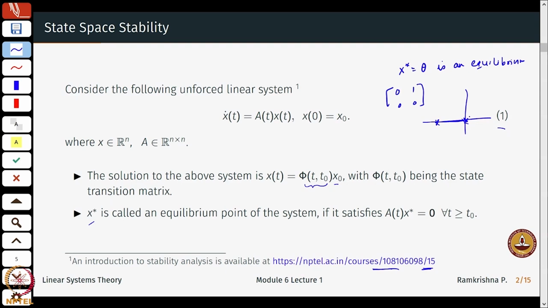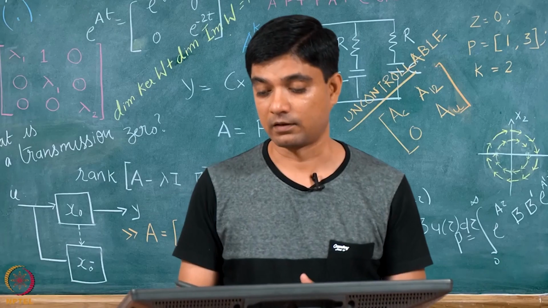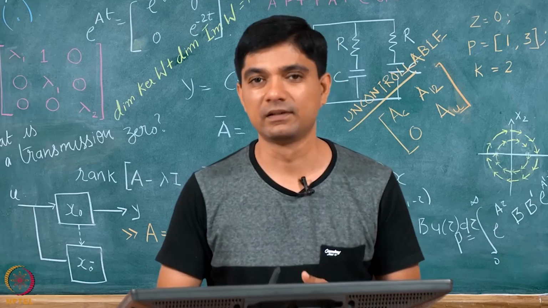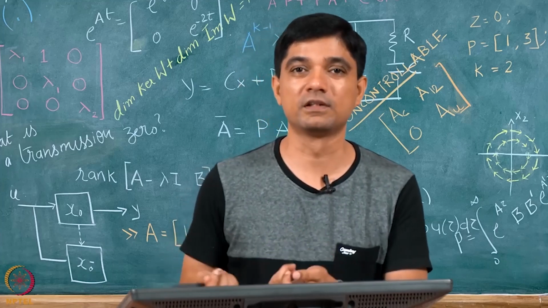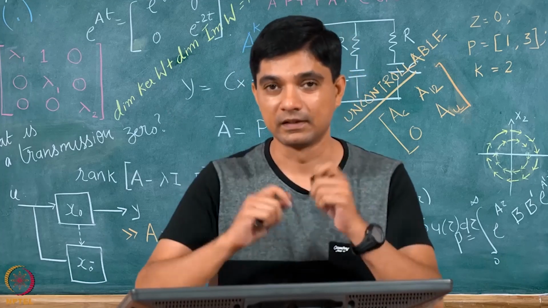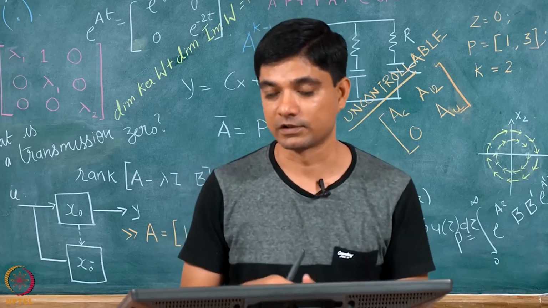That is what we talked about in one of those conditions on equilibrium in previous week's lectures. We will generally denote the equilibrium as x star, and mostly we will deal with the origin. Even if the origin is not the equilibrium, you can change the coordinates or shift the origin.